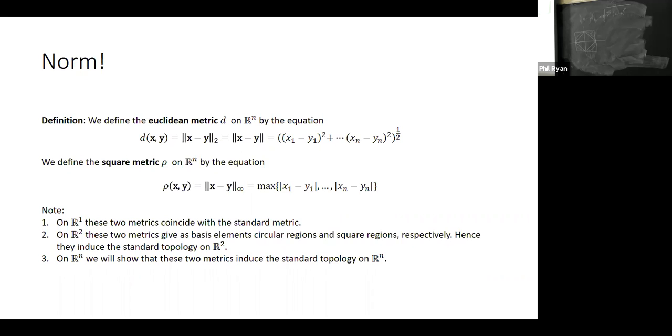On R2, they give you different balls, but as we've seen, the basis elements are circles and squares, and we've seen that generates the same topology. And that's the standard topology on R2.